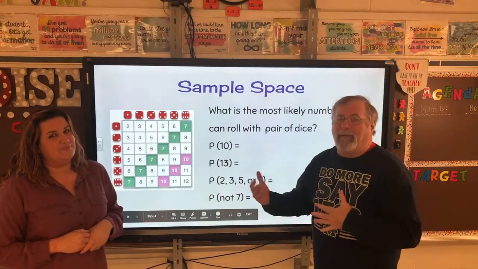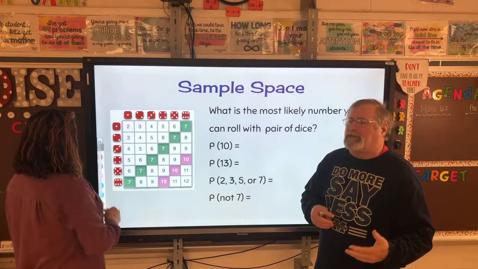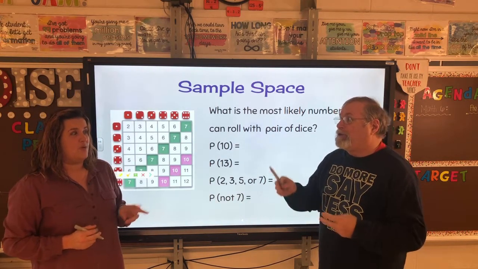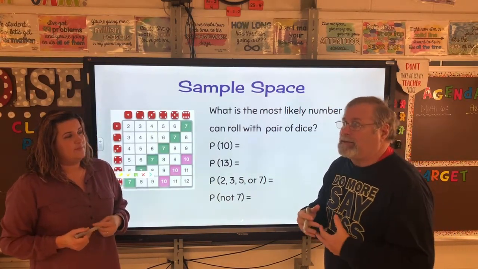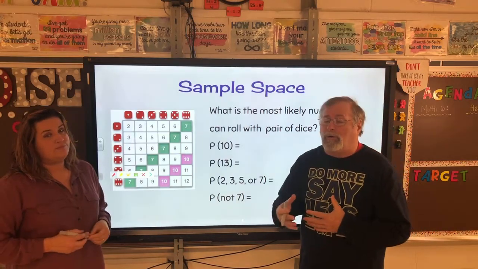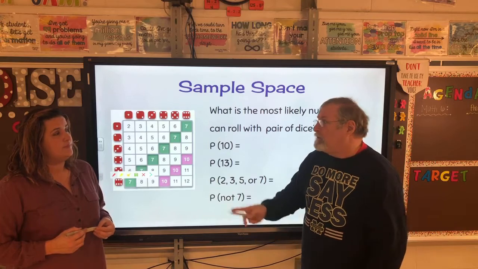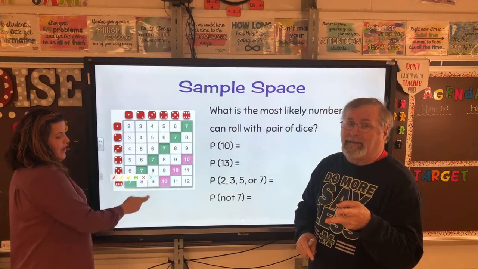Most times, as pre-algebra students or advanced students, we're talking about compound probability, two things happening. This is an example of a sample space, because you can't know the theoretical probability if you don't know the theory behind it. This table shows rolling 2 dice.